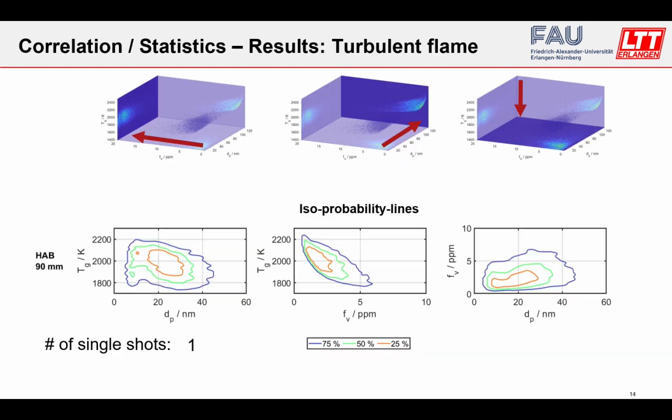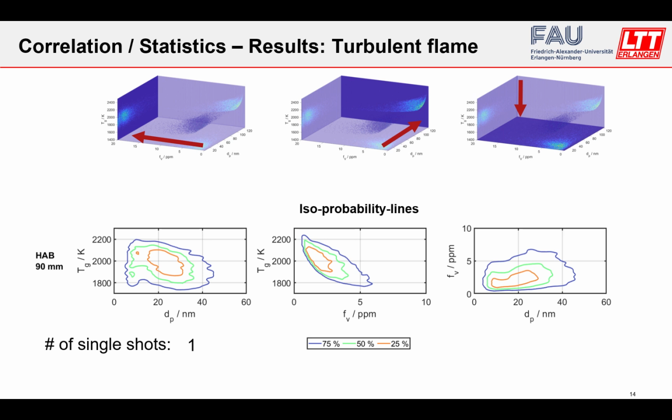Now one projection is a joint probability density function in the end, and there we can extract isoprobability lines. We did this for three probability levels, 75%, 50%, and 25%. That means, for example, that 75% of the combinations lie inside of this blue line.